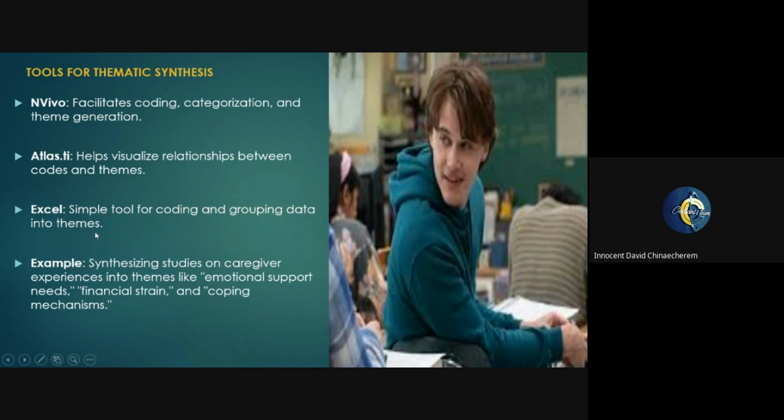So if you've looked at our session on data extraction, you get to understand in detail what I am saying. For example, synthesizing studies on caregiver experiences into themes like emotional support needs, financial strain, and coping mechanisms. We're going to see this a whole lot in our practice for our synthesis.